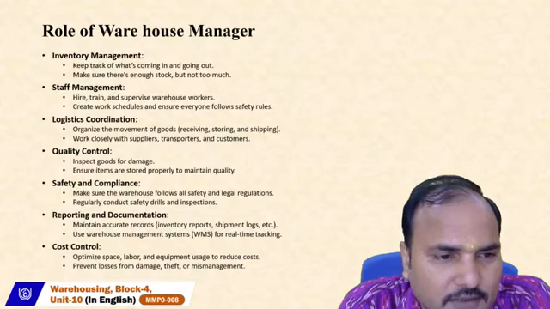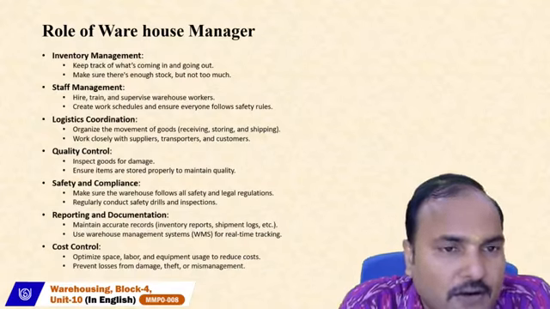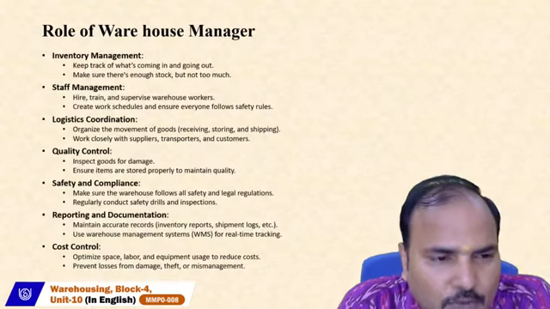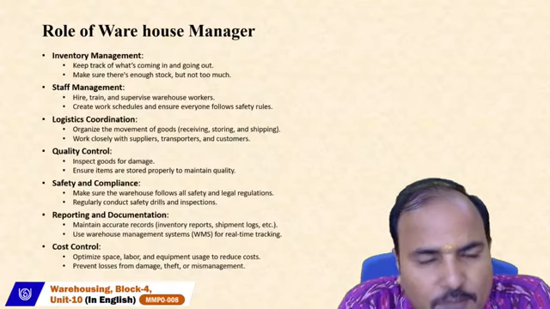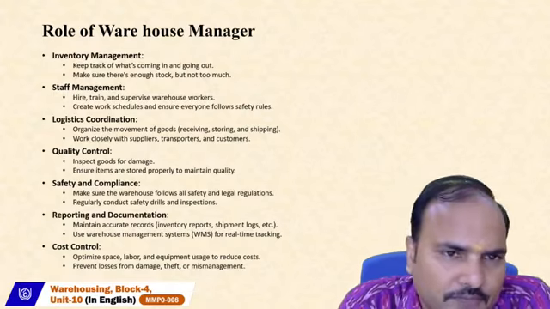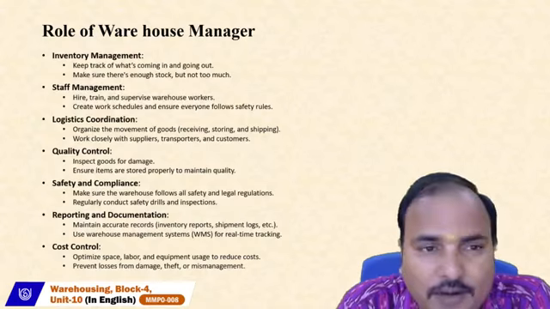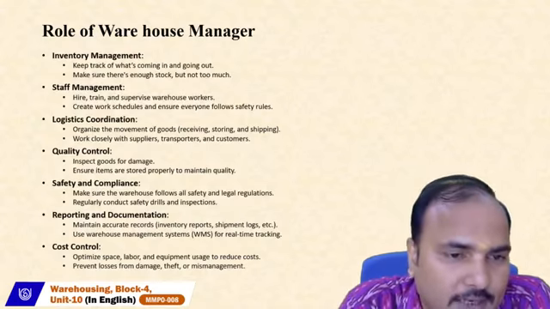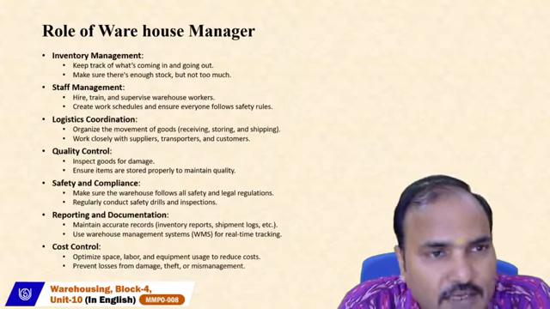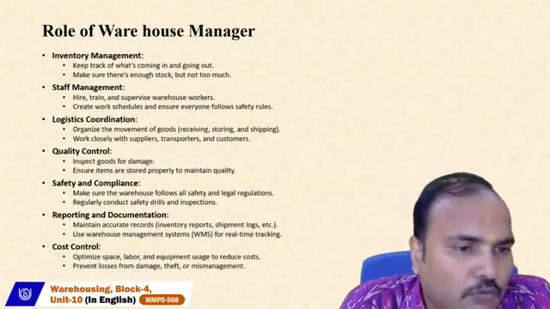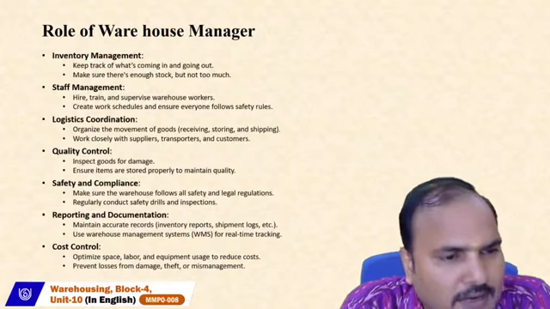The warehouse manager must inspect the goods for damage, and also ensure items are stored properly to maintain the quality. If they are not stored properly, the quality may deteriorate. So for this, the warehouse manager must be aware of how to maintain the quality.